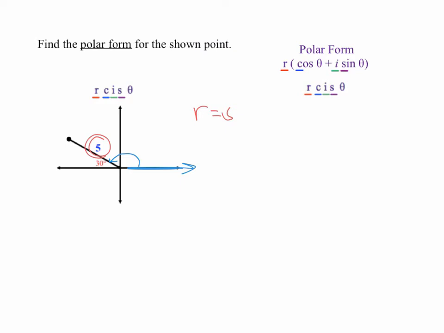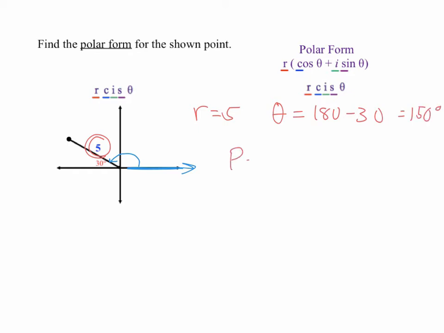So my theta here is 180 minus the 30. Because I didn't quite rotate around a full half circle, I'm 30 degrees short of that. So my theta here is going to be 150.